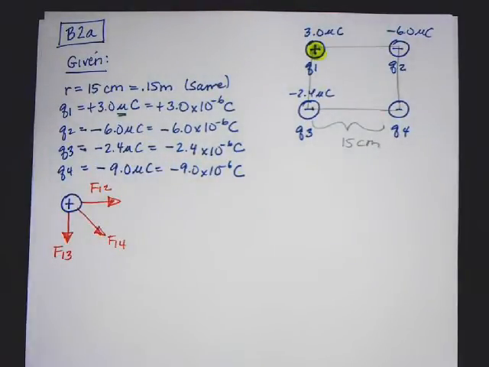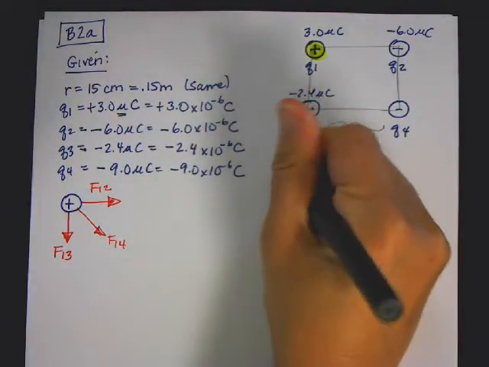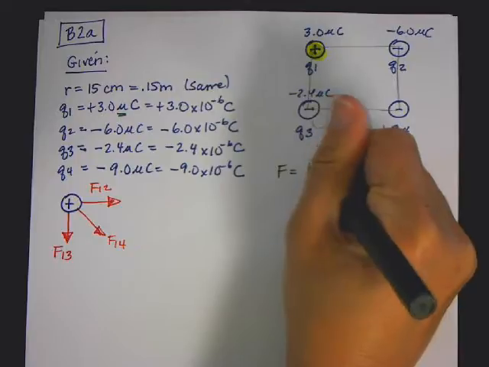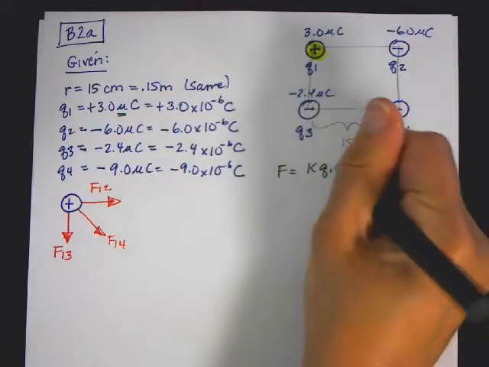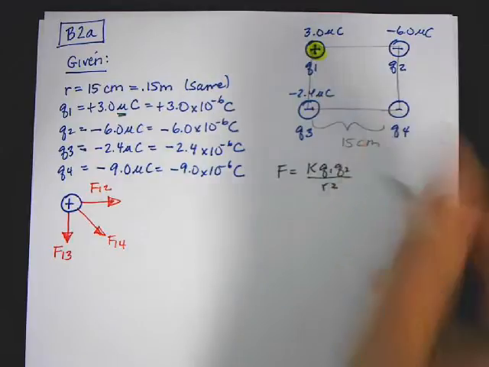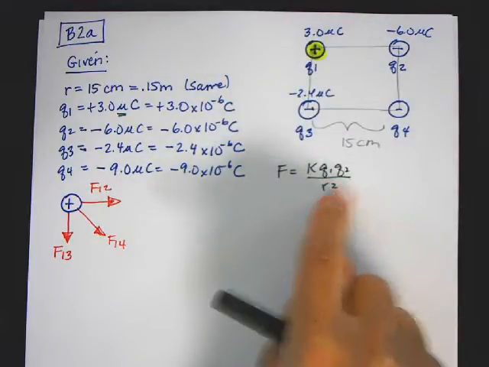Now, remember, what I'm going to be using over and over again is Coulomb's law. Coulomb's law says that F is equal to K, let's say Q1 Q2 over R squared. These are different charges, and this is the distance between them.